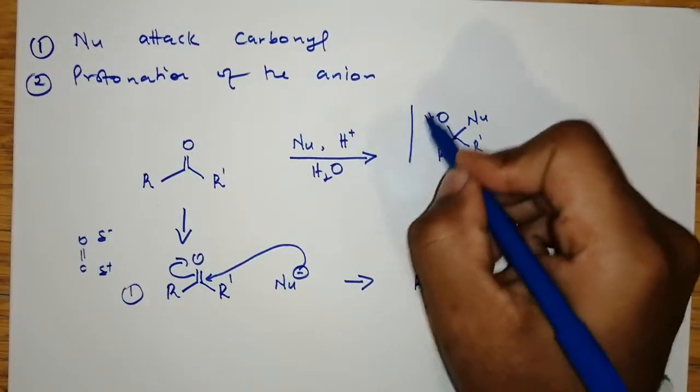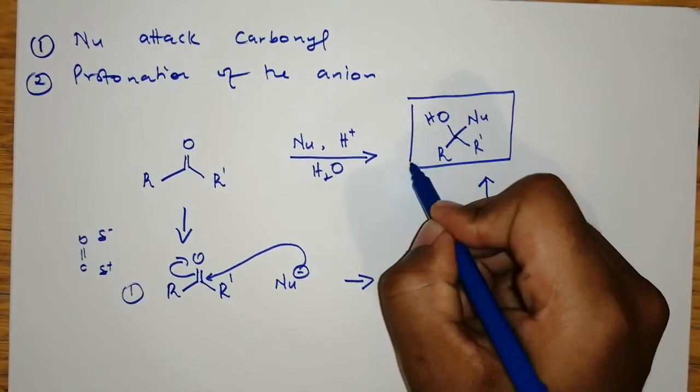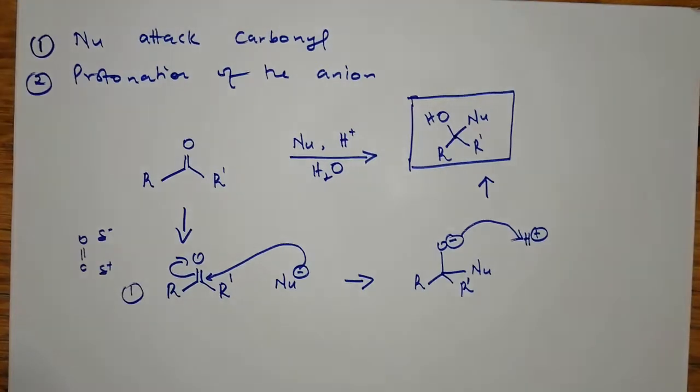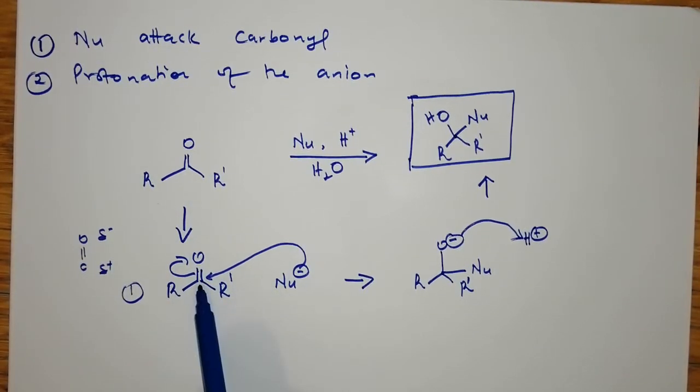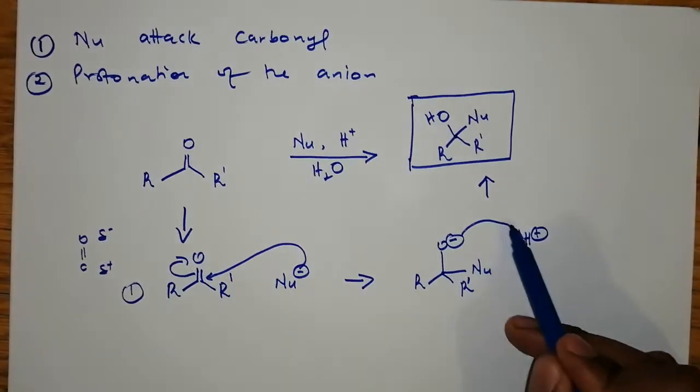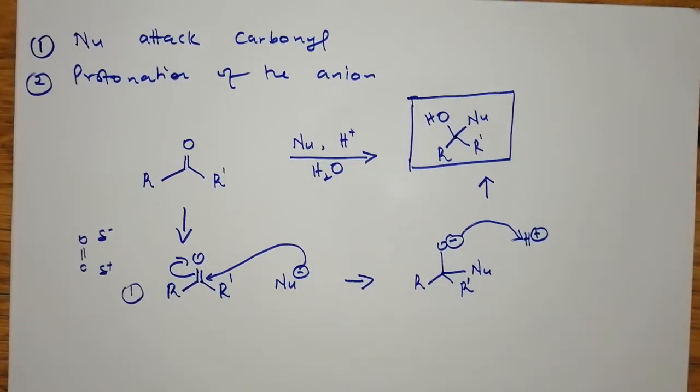Then we've got OH right there, which is an alcohol functional group. Looking at this, guys, let's appreciate that the nucleophile attacked there at the carbon, then the pi bond broke, and then we had a tetrahedral intermediate, where it was protonated with this hydrogen right here.